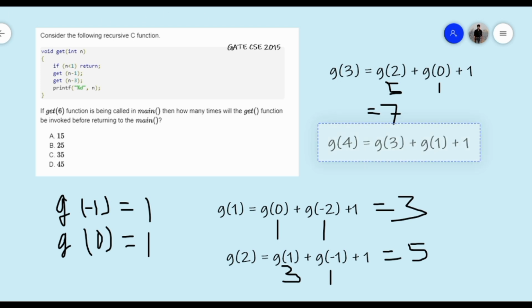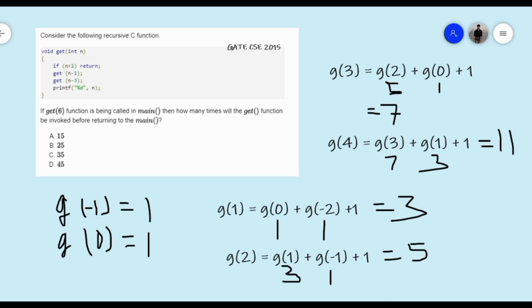So how many total function calls? g of 3 means 7 here, and g of 1 means 3. So 7 plus 3 is 10, plus 1 is 11. So total 11 function calls.